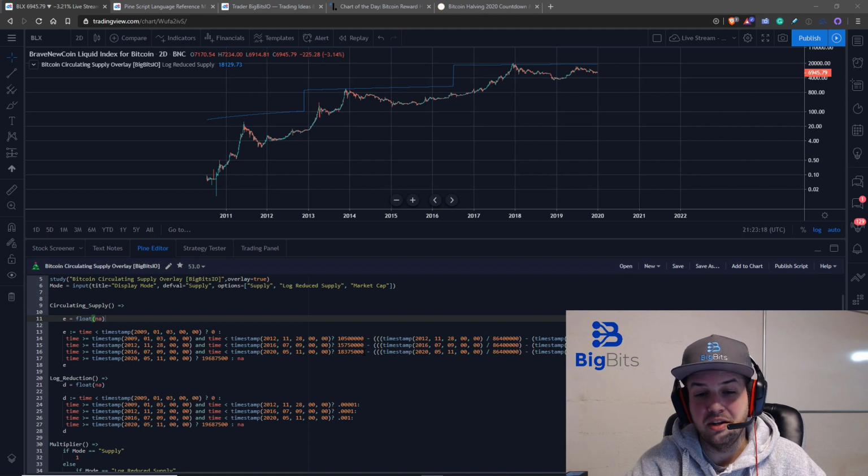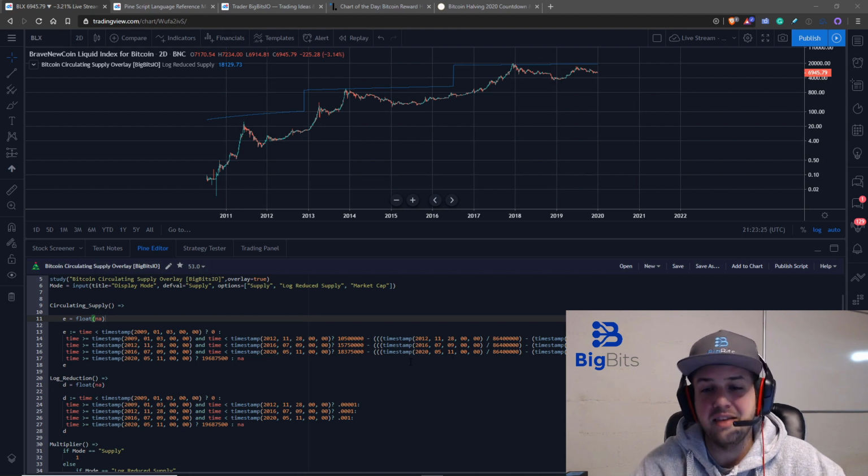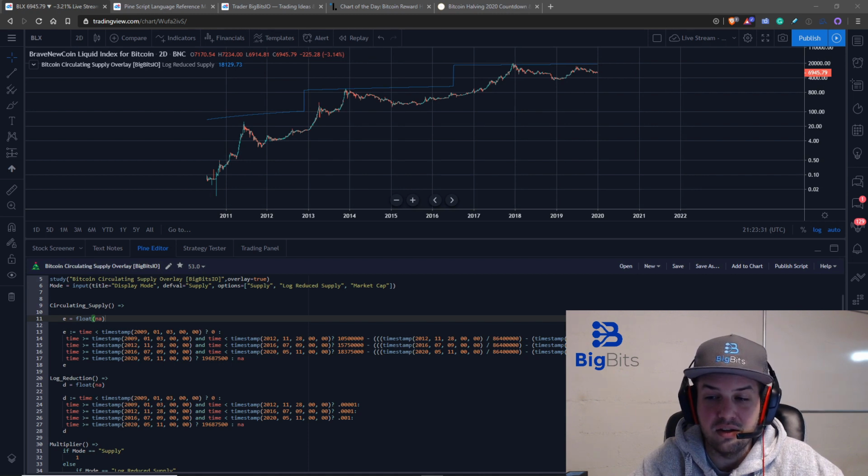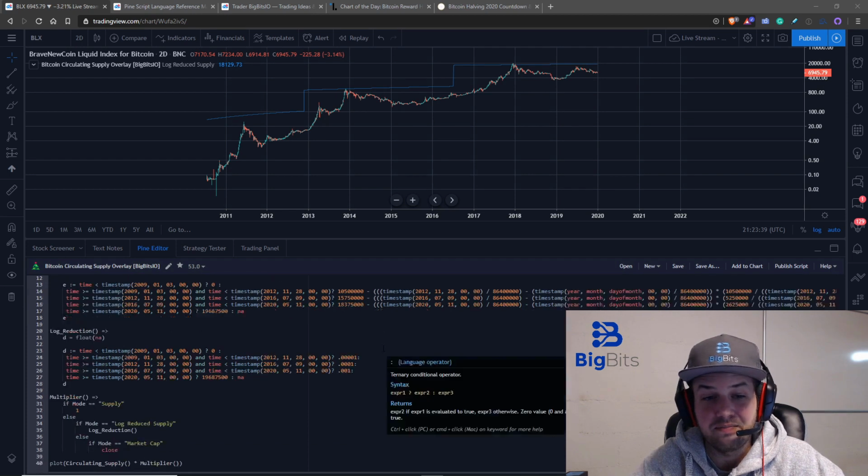We can actually do this, and it doesn't have to be based on the same schedule as Bitcoin. It doesn't have to be a hard fork of Bitcoin. It can be any schedule, as long as we know what it is and how many rewards come per block and how many rewards are happening per day. So we can really mold this to any if we wanted to.